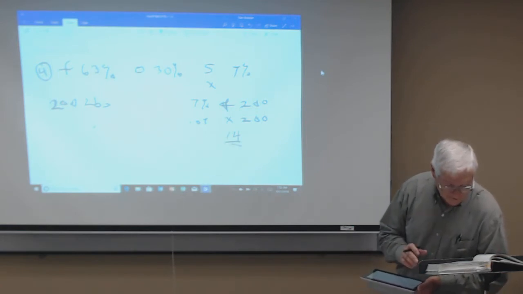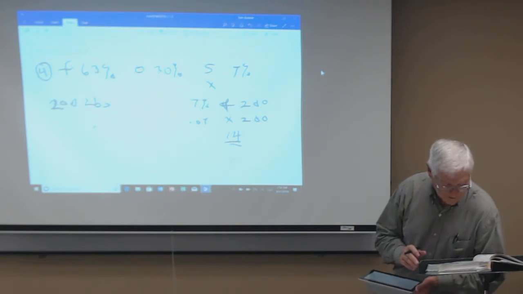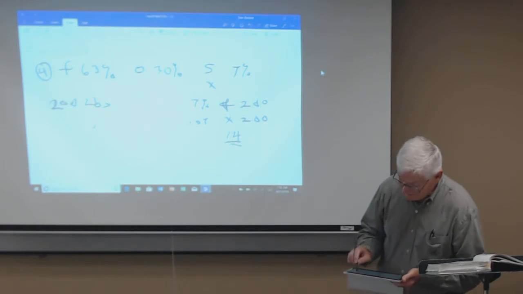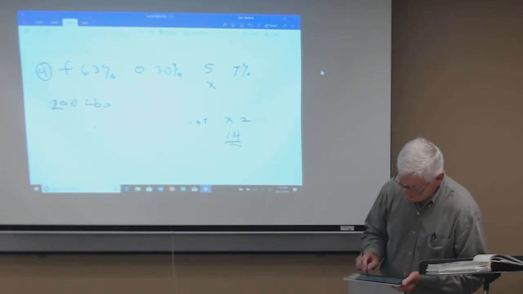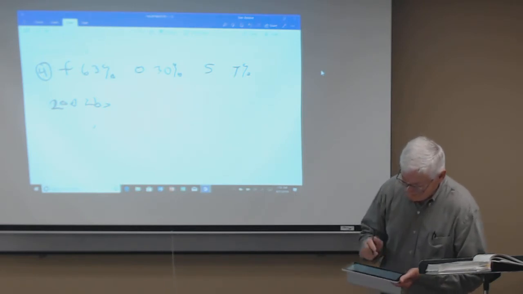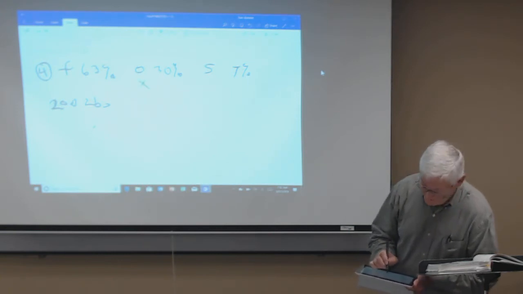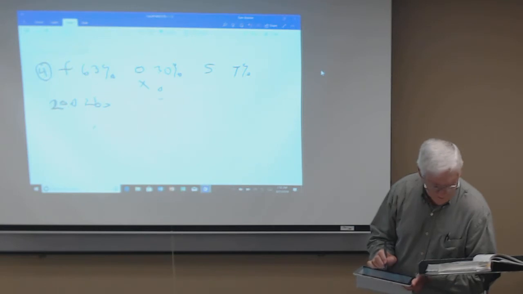D. If octopus, shrimp, and crabs, preferably in the same amount, fall into the category of others. Okay, let's erase this. So here now we're looking at others. And what does it say? Octopus, shrimp, and crab.